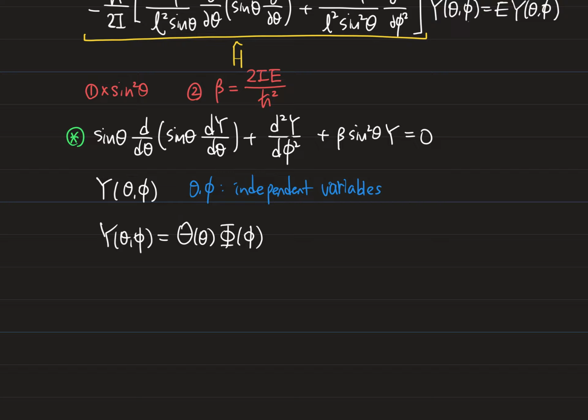Again, you can substitute this result into the original differential equation. And then you will have the sine theta divided by large Theta, d d theta, large Theta.